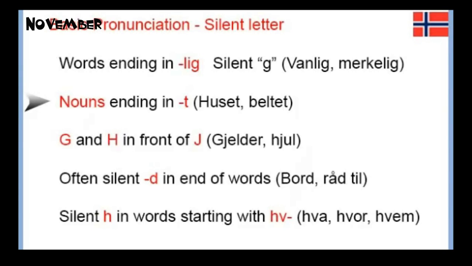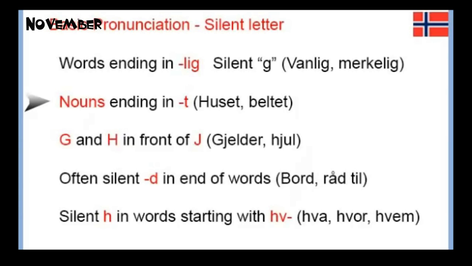In the definite form, you add an ending to the nouns, and for neutral nouns ending in T, you add the T and the T gets silent. So in this example, it's huset or belte.